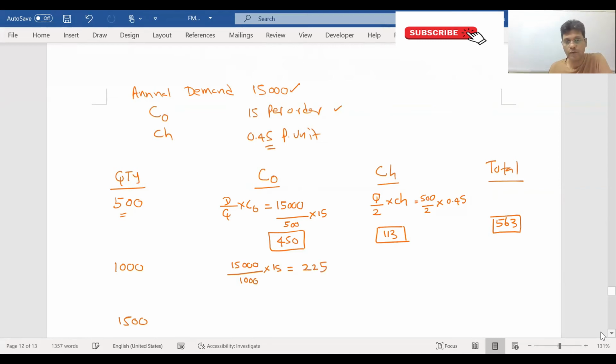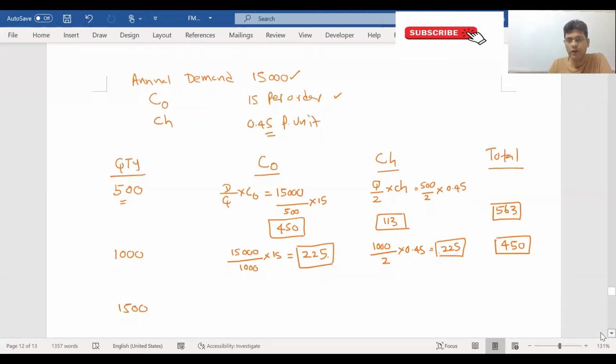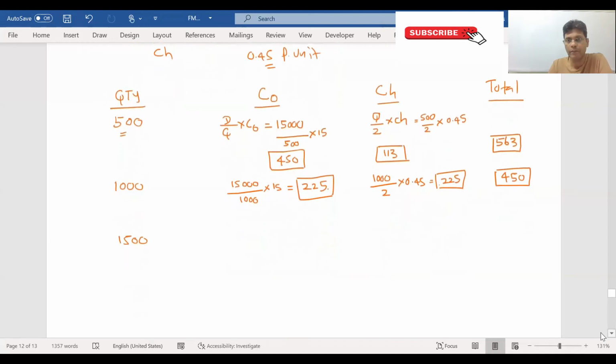Then ordering quantity is 1000, you take the average times 0.45, so that will again be 225. The total cost will be 225 plus 225, 450. As you can see, the ordering cost and holding cost are equal.